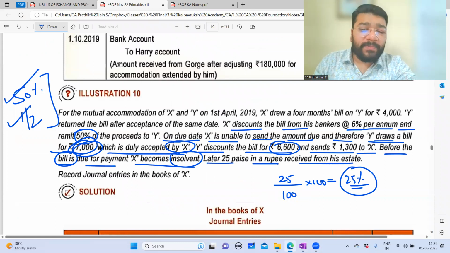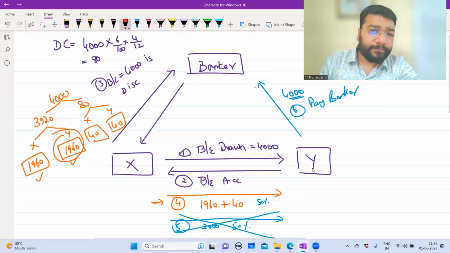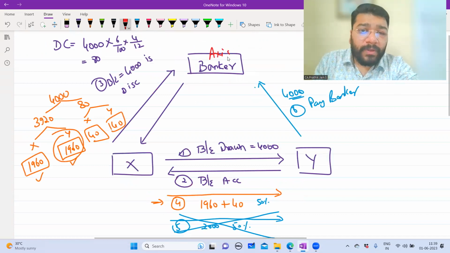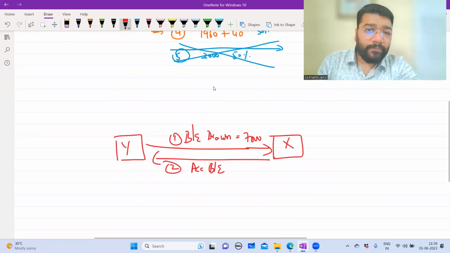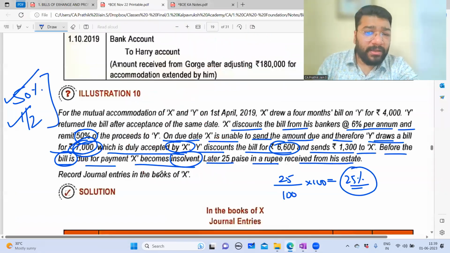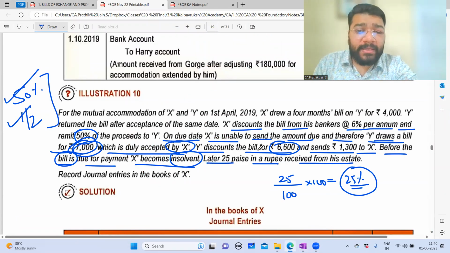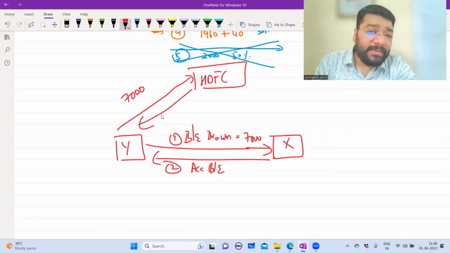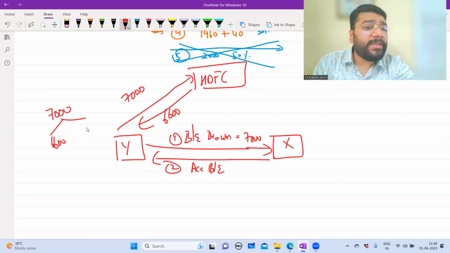Y is discounting this with another bank. Let's suppose this is Axis Bank. This is HDFC Bank. So Y is giving this bill worth 7,000 and receiving some amount of money. How much is Y receiving from the banker? Y is receiving 6,600, which means out of 7,000, 6,600 is received. So what is the balance? 400 is the discounting charges.